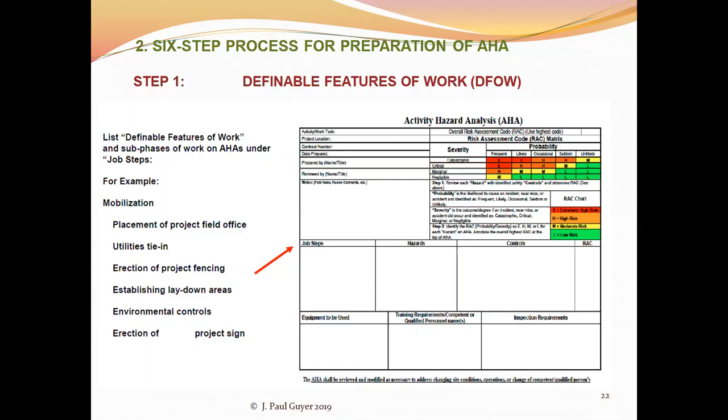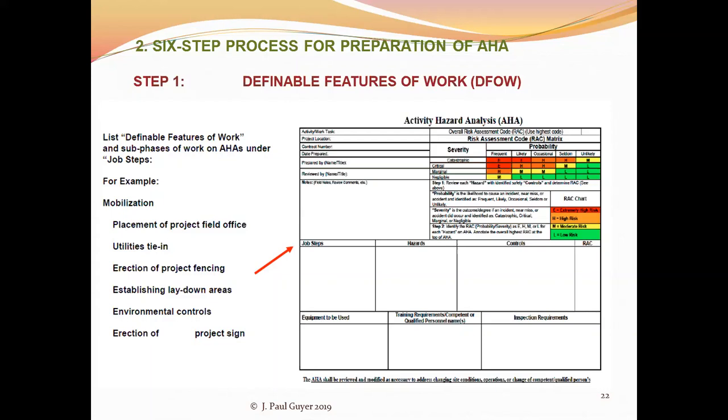So severity of it happening: catastrophic is the worst, critical, then marginal, then negligible, moving down the line. And then probability: the probability is that it will frequently occur, likely occur, occasionally occur, seldom occur, unlikely to occur.